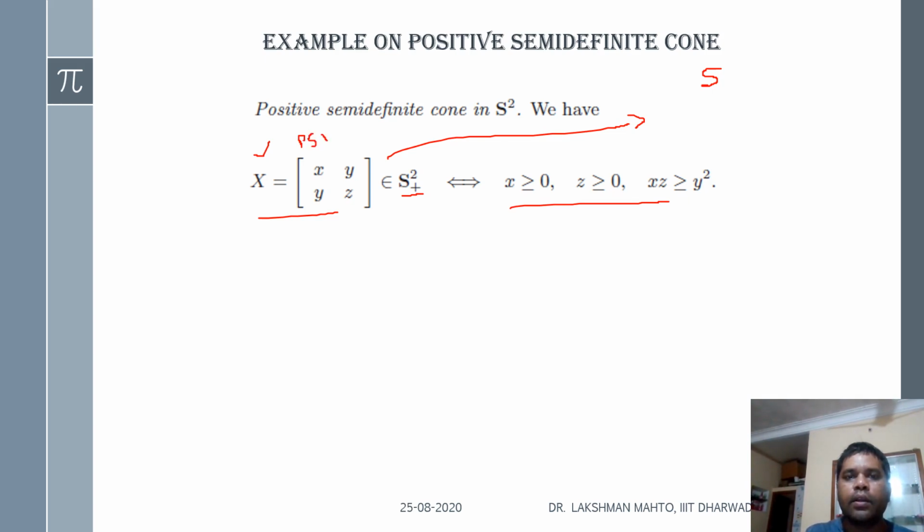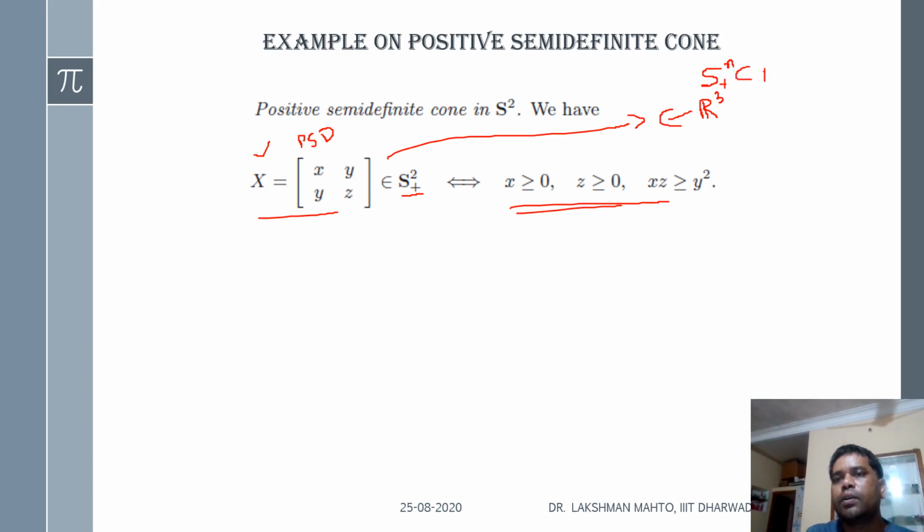Under this condition, the matrix X is a positive semi-definite matrix. There are only 3 distinct variables. So you can say that this positive semi-definite matrix is an element of R3, a 3-dimensional vector.